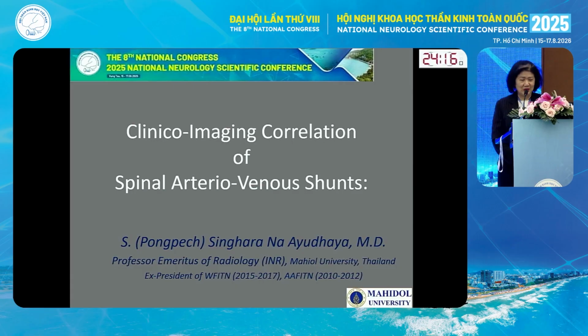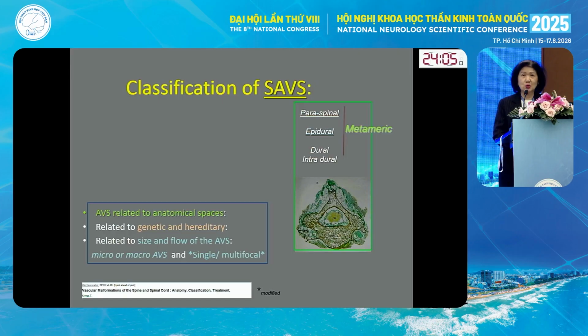So this talk is going to be about the very rare disease called spinal arteriovenous shunt, where I would mark the name and the clinical presentation of each group. By simple classification, I would like to introduce the anatomical spaces from paraspinal, epidural to dural and intradural location of arteriovenous shunt.